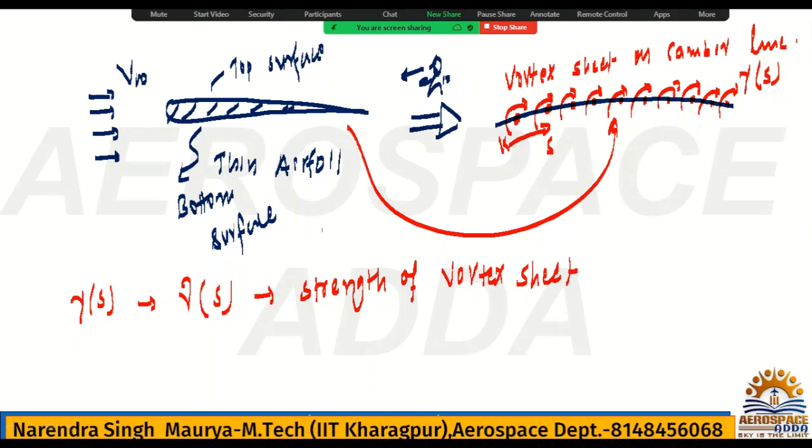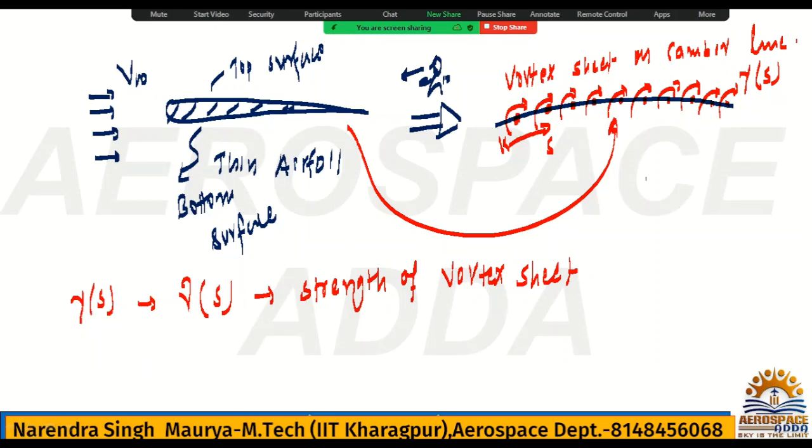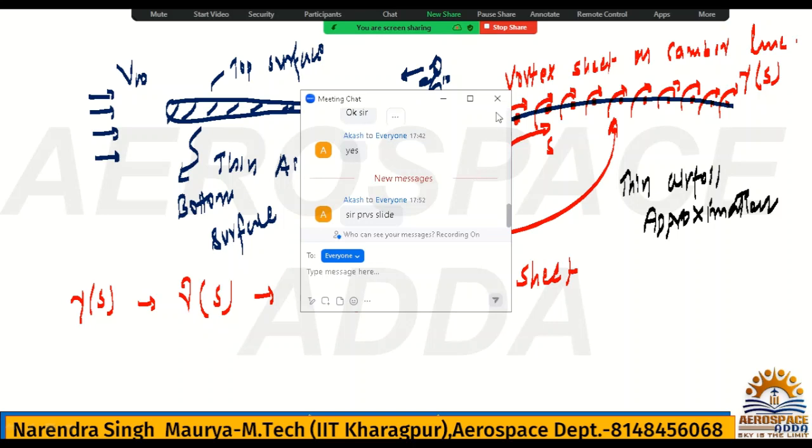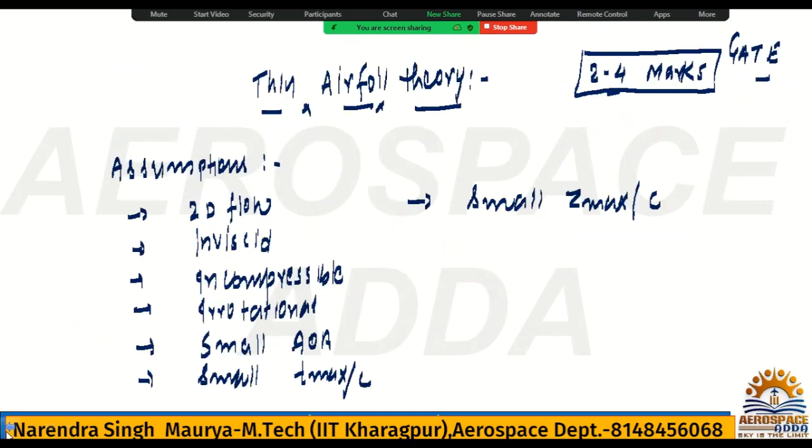This is called the thin airfoil approximation. Always remember this part.